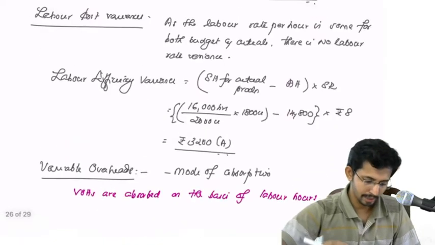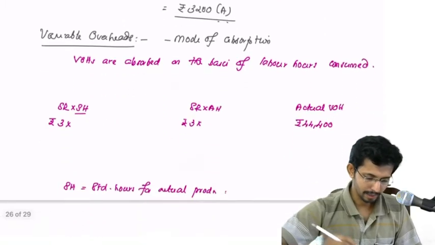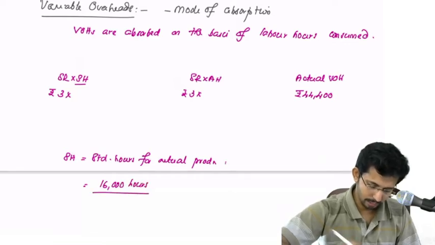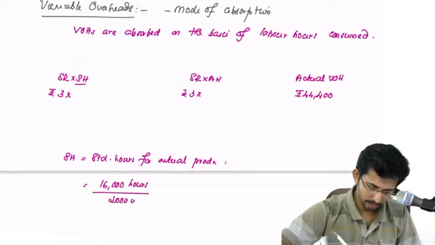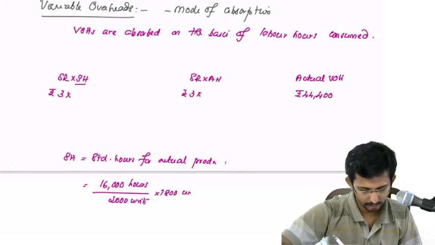We have already computed that. This is the calculation: SH for actual production. 16,000 hours is the standard hours for 2000 units, into 1800 units.